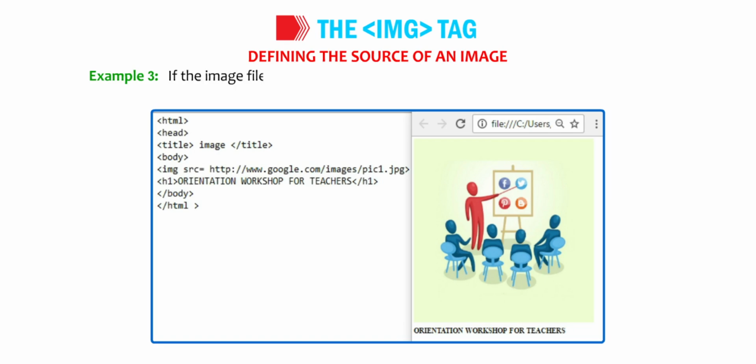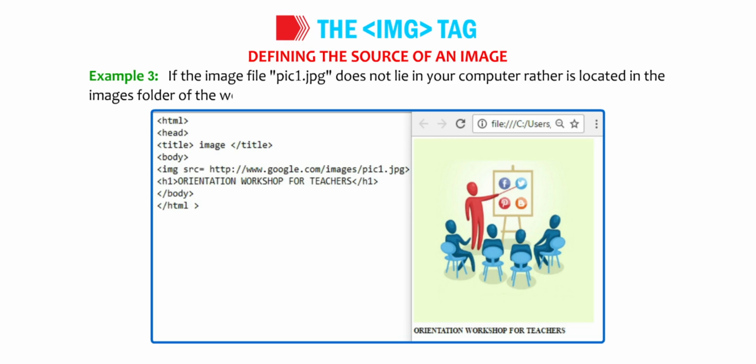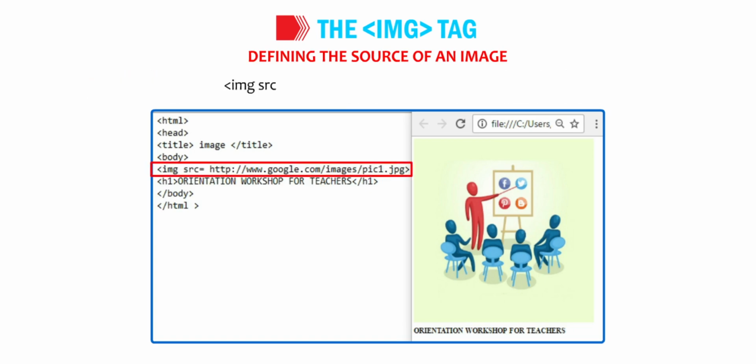Example: if the image file pic1.jpg does not lie in your computer, rather is located in the images folder of the web server of Google, then we need to give full path of the file. Image src equals to http://www.google.com/images/pic1.jpg.